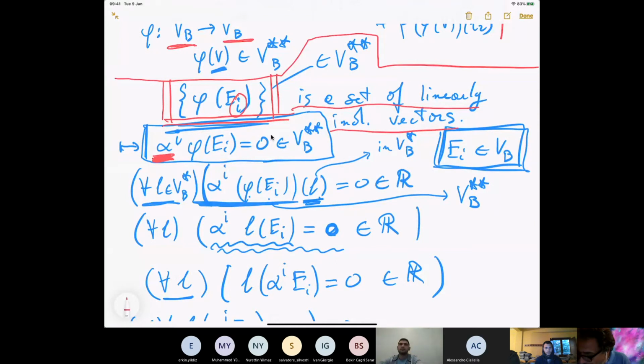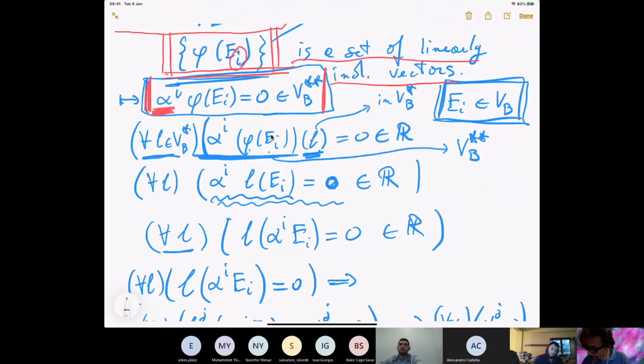So to prove that phi e_i is a set of linearly independent vectors, we must prove that if we have this combination equal to 0, all alpha_i's are equal to 0. And how do we do it? This is an element of V star star. So for every L in V star, this equality is verified. So this has to be 0 for every L.